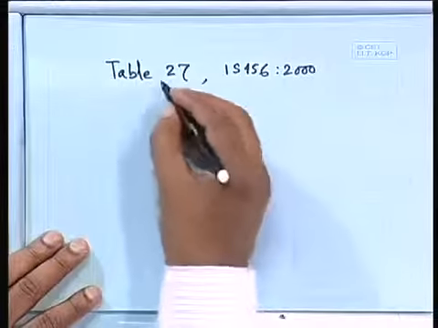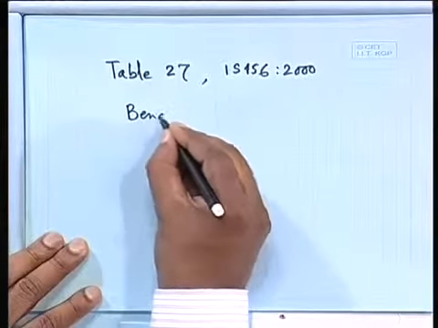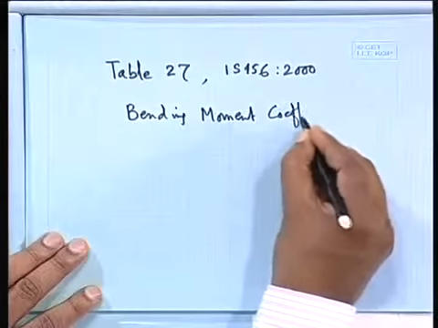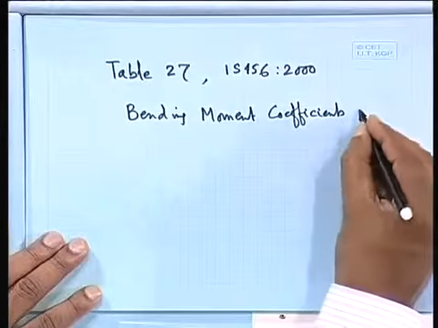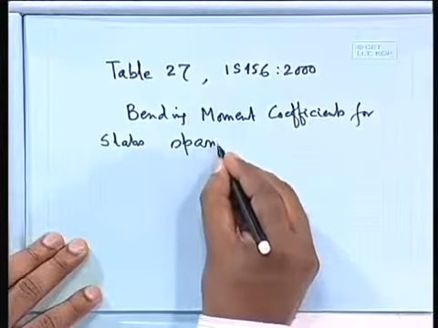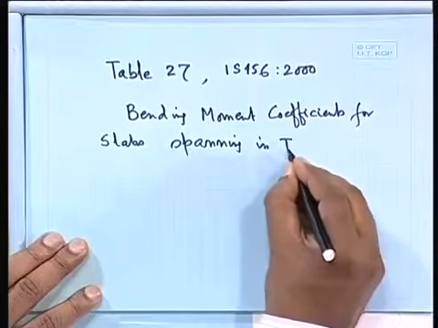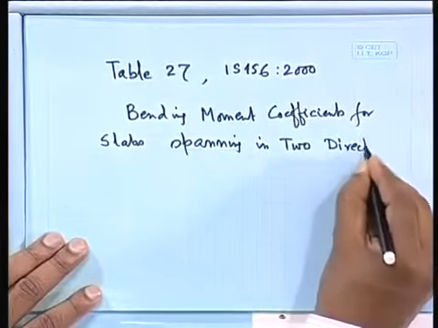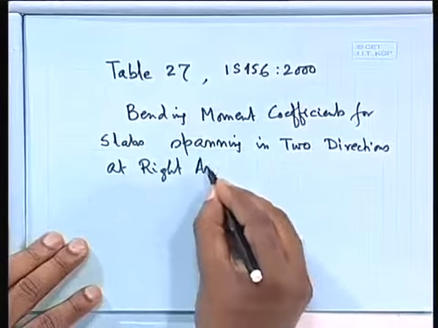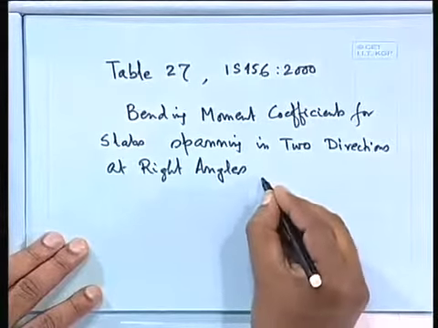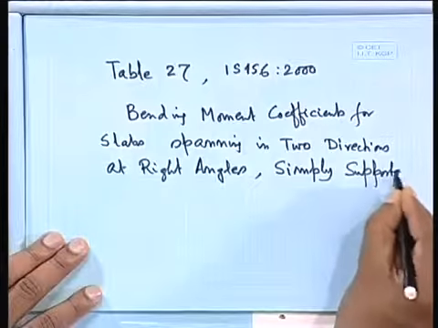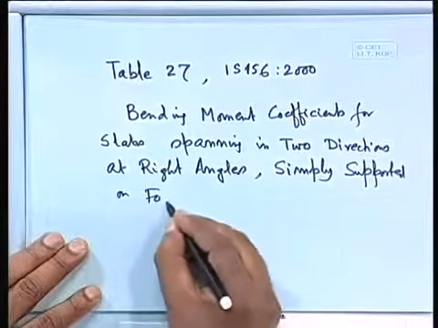Just to mention, this table is bending moment coefficients for slabs spanning in two directions at right angles, not skewed, and simply supported on four sides. So this is your table.